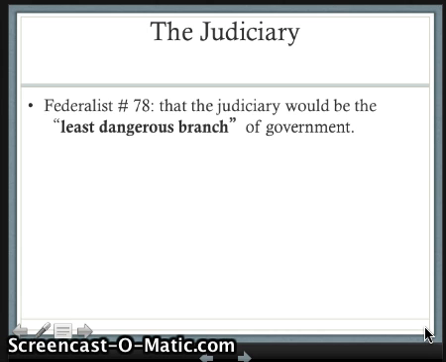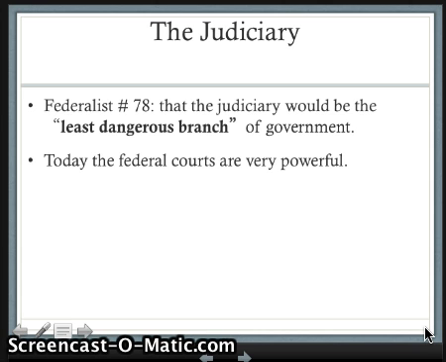So Federalist 78 says that the judiciary would be the least dangerous branch of government. That being said, today some people believe that the federal courts are actually very powerful. So one of the questions we'll be having is, how did they go from being the least dangerous branch according to Federalist 78 to one of the most powerful?